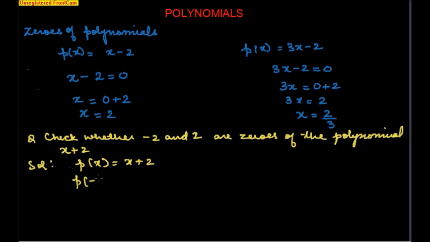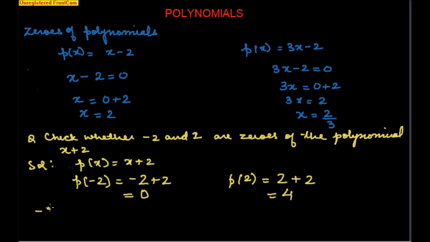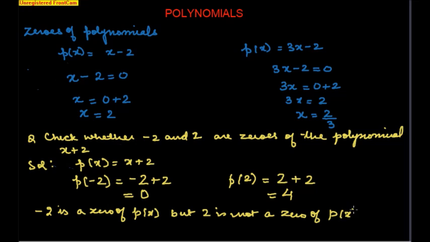So instead of x, I put minus 2. And the second number given to us is plus 2. If I put minus 2, I get minus 2 plus 2, which is equal to 0. If I put 2, I get 2 plus 2, which is equal to 4. So because with minus 2 I am getting the answer 0, I say minus 2 is a zero of p(x), but 2 is not a zero of p(x).